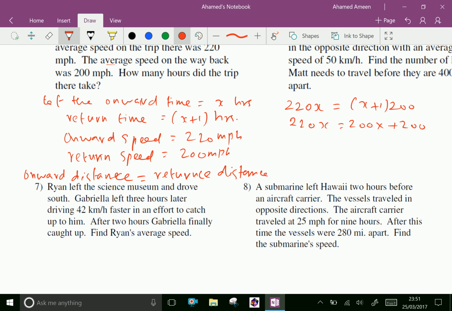We form the linear equation. By solving, 220x minus 200x equal 200. 220 minus 200 is 20x equal 200. Therefore, x equal 200 over 20 equal 10 hours.